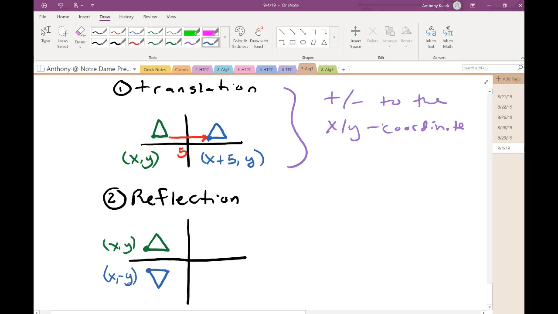Became negative, right? And if I reflected across the y-axis instead, what would change? The x-coordinate would become negative. And can I reflect across both? Yes, right? It would just end up over in here, right? If I did one and then the other. Okay?